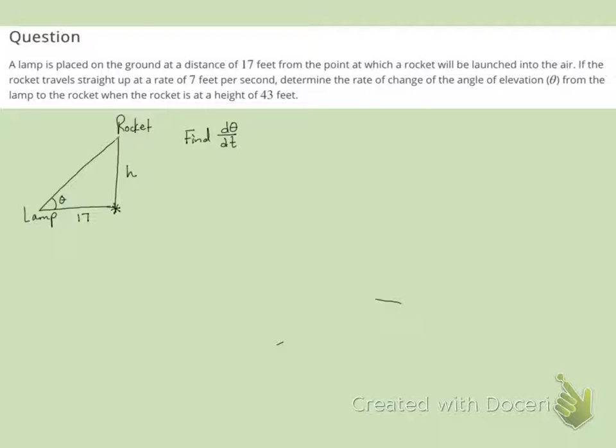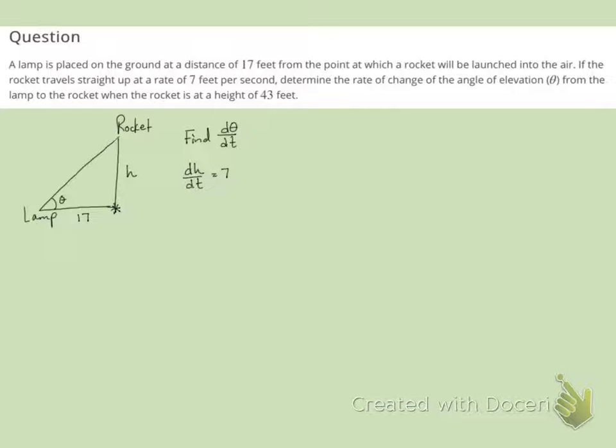So we know that dh dt is 7. So we want to find a relationship between theta and our height and this distance between the lamp and where the rocket launched.